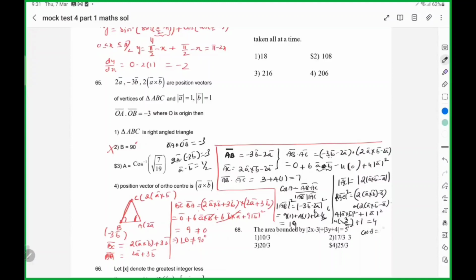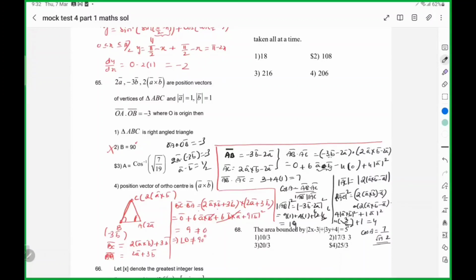So now cos C we got is 7 by root 19 into root 4, which is 7 by 2 root 19. That is angle A. Let us find out once again AB dot AC: 6 A dot B plus 4.